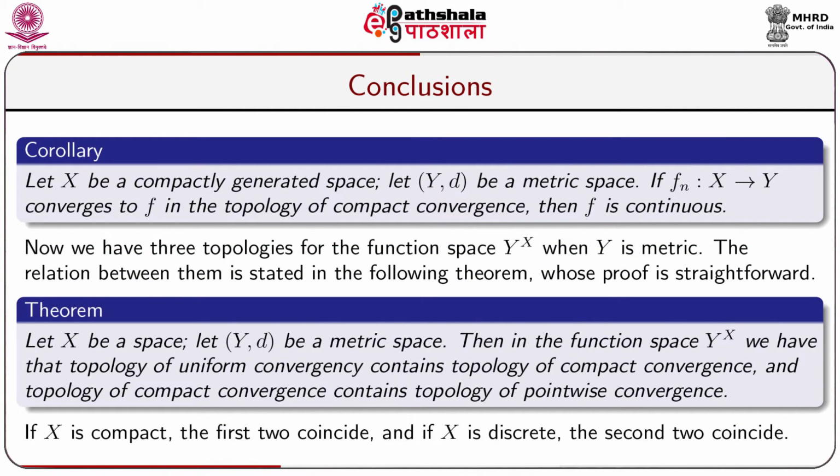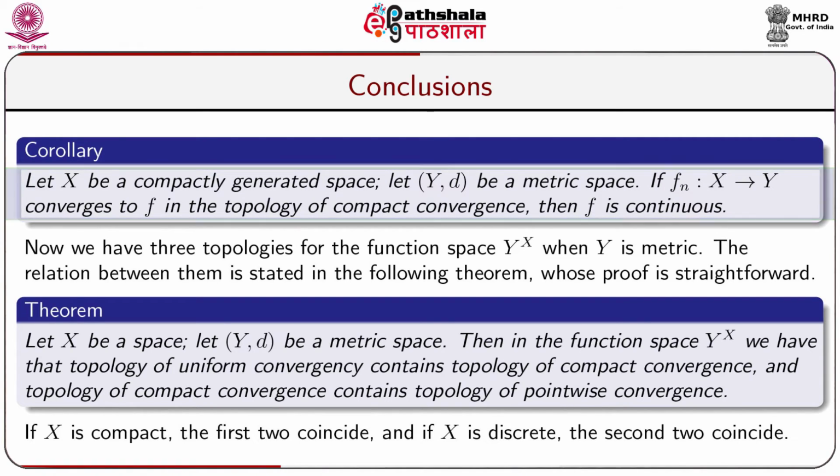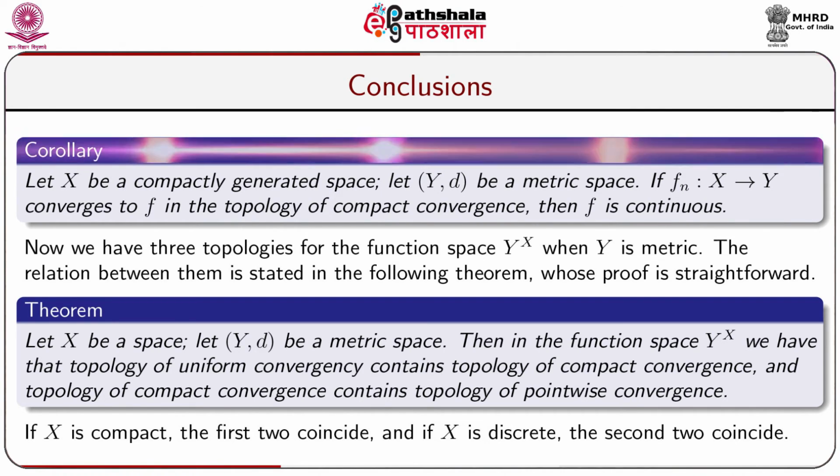So, as a corollary, we can say that if X is a compactly generated space and (Y,d) a metric space, and if f_n is a sequence of continuous functions from X to Y which converges to f in the topology of compact convergence, then f is continuous.